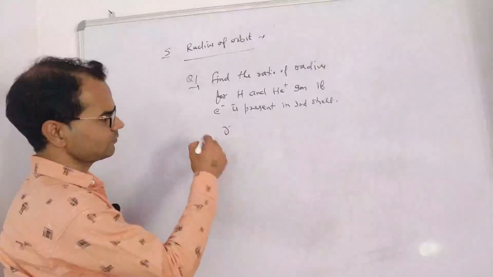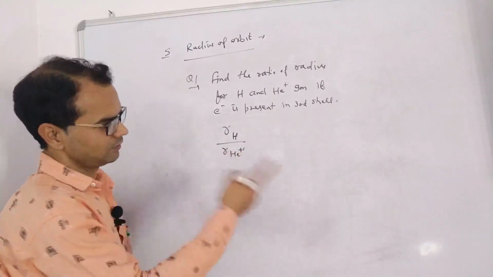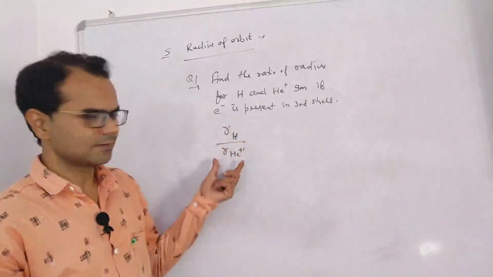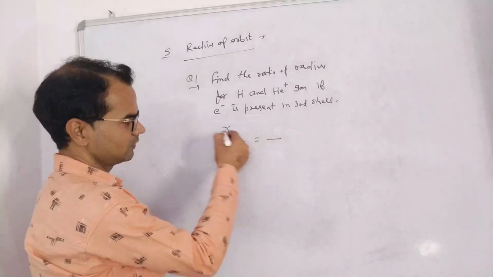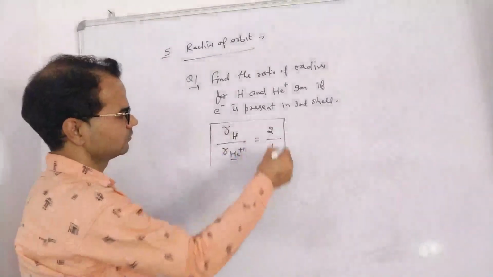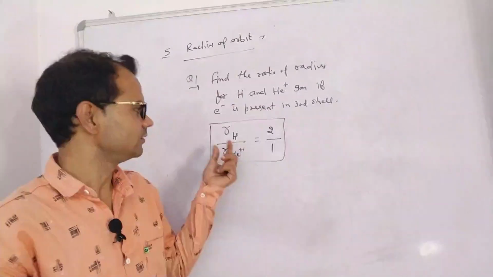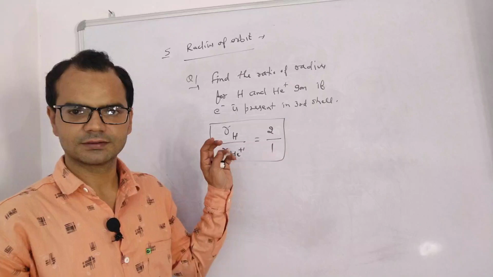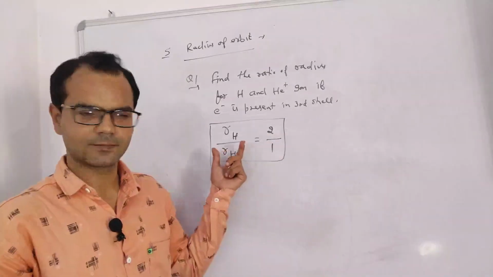So radius of hydrogen by radius of helium. We concluded that radius is inversely proportional to atomic number. So the atomic number of hydrogen is 1, helium is 2. We don't need to find the values by using equations, just use short tricks. Clear? Applicable when shell is the same.